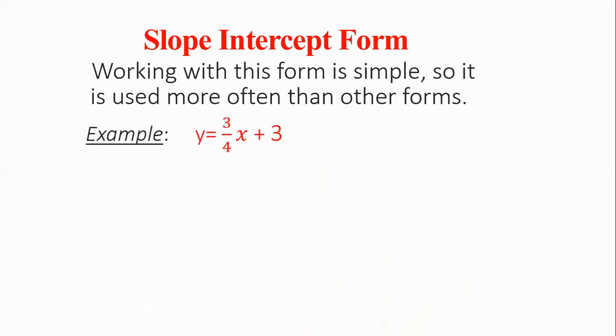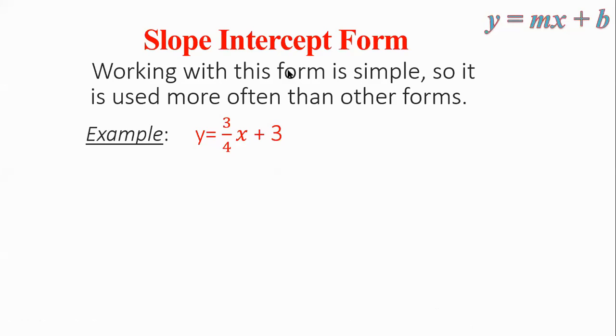So now let's look at an example here. We have y equals 3 divided by 4x plus 3. So when you are given an example as such and you're asked to find the slope, first, you have to make sure that your equation is in the form or something that looks like y equals mx plus b.